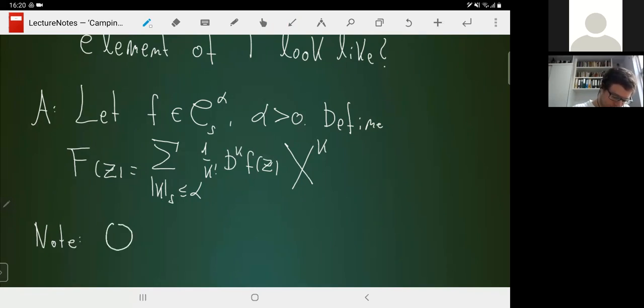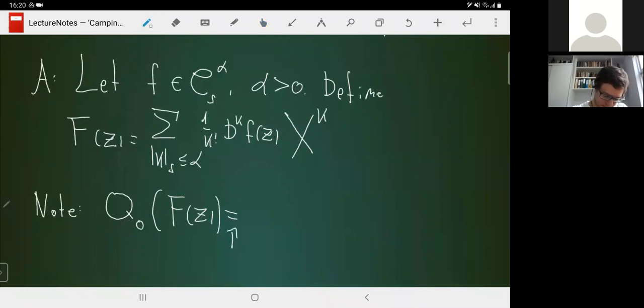We had these projections where Q0, for instance, is the projection of the element of the regularity structure on the zeroth order term, that is, the projection on T0. What is the zeroth order term here? Well, it's simply the function f, right? So this is how a typical element looks like.